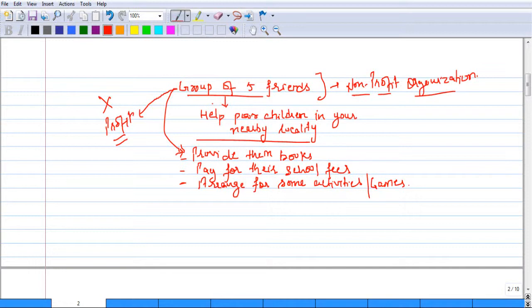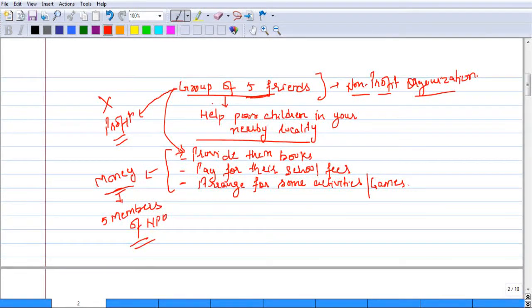Yes, the government says that even if you are a non-profit organization, you need to maintain the accounts. Why? The government says that if you have to arrange for these things, you need money. From where will you get this money? You will get this money from these five members of the non-profit organization.